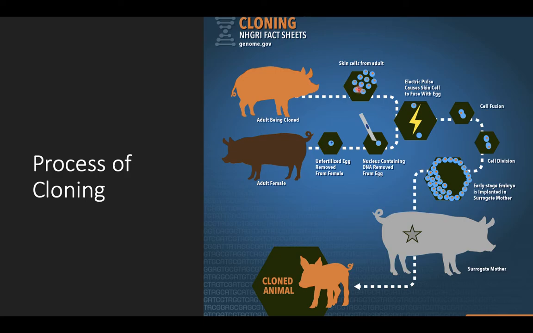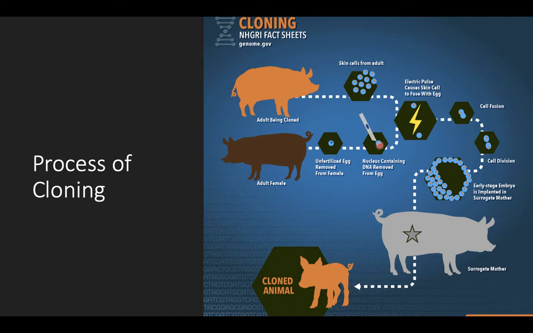It could be skin cells that have DNA, and you're going to need an egg that is donated from another adult female of the same species. And you take that unfertilized egg and you take out all of its DNA. So here, this in blue, you remove all that. Well, not in the dark blue, right? You remove all that, and now the cell is hollow completely.